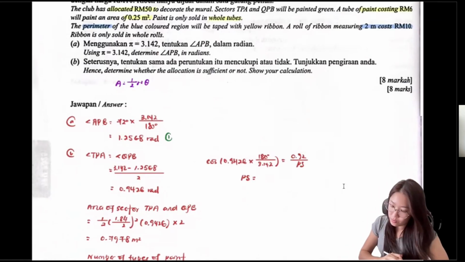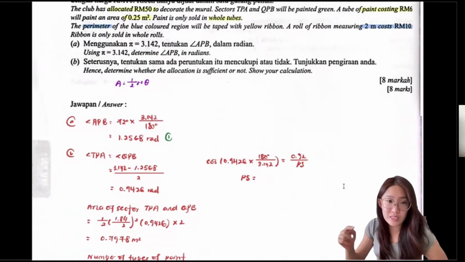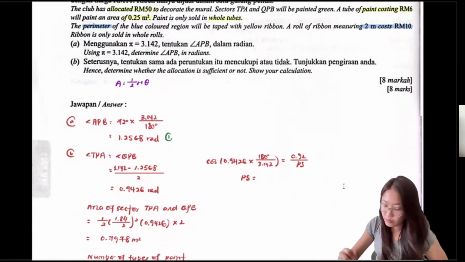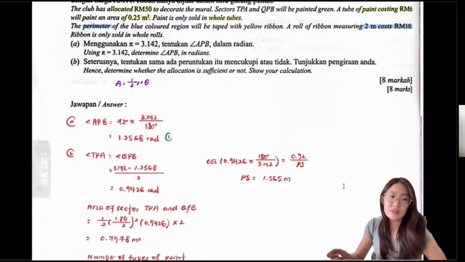So 0.9426 times 180 divided by 3.142. Cos answer, 0.92 divided by answer is 1.565. Or you can write 1.5651, up to you. If it is not the final answer yet, you can always write more decimal places.